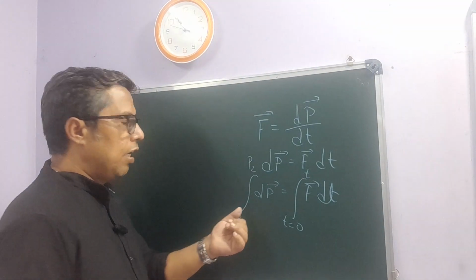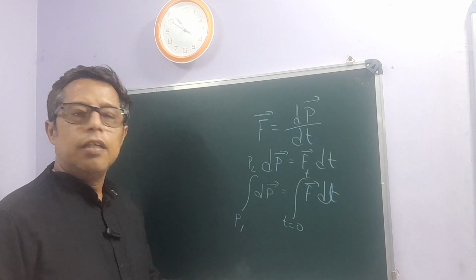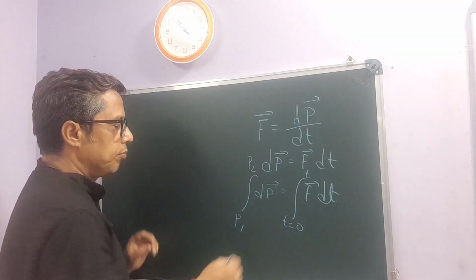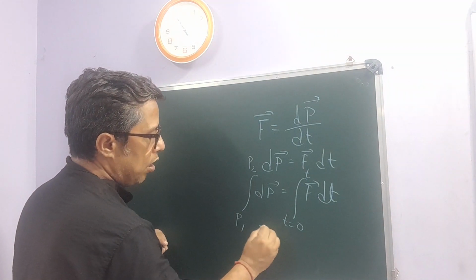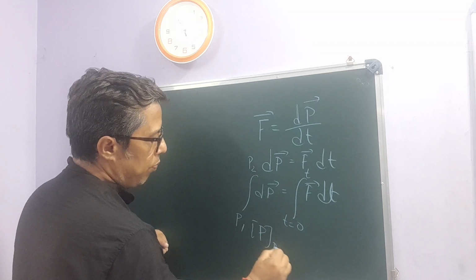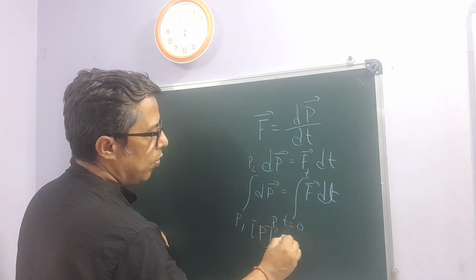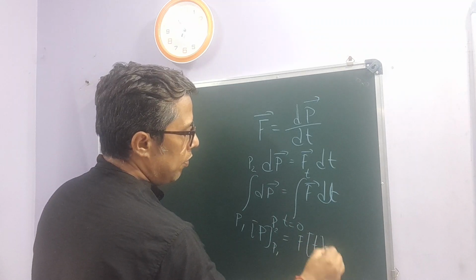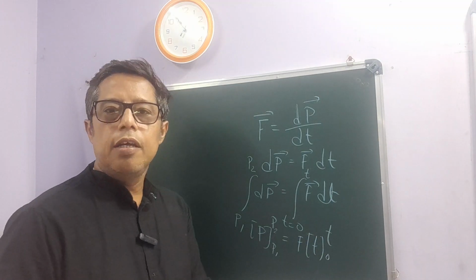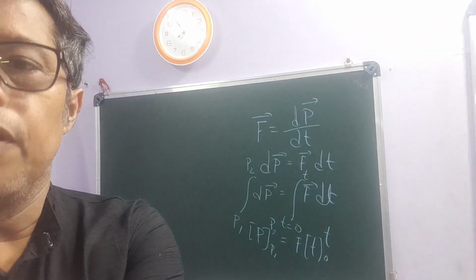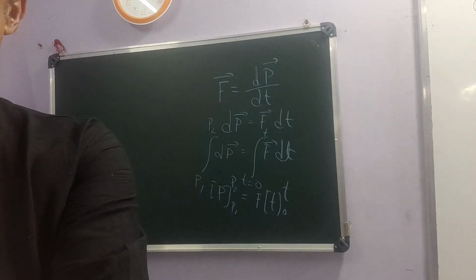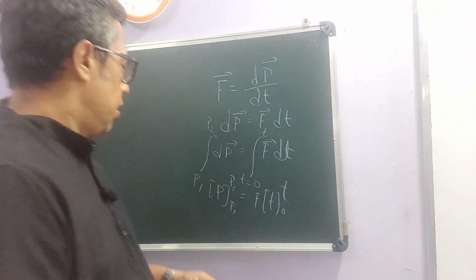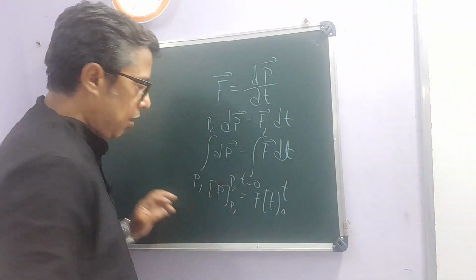Now what happens if we do the integration? We get the integral of dp from p1 to p2 equal to F times the integral of dt from 0 to t. I hope it's clear.